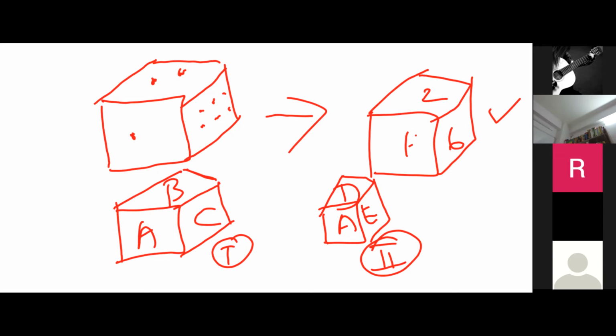See, this is type number 2 because the first dice has A, B, C and the second dice has A, D, E. One letter is common in both the dice. Letter A is common. So if one side is same, the remaining two sides are exact opposites. B is the opposite side of D and C is the opposite side of E. So the opposite side of C is E.